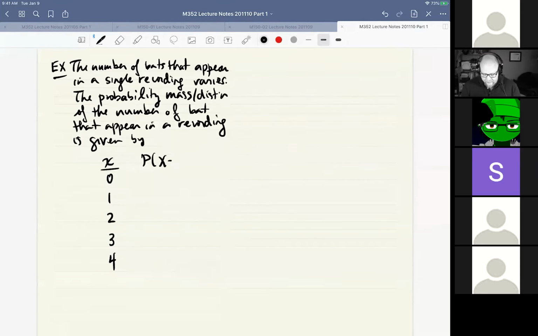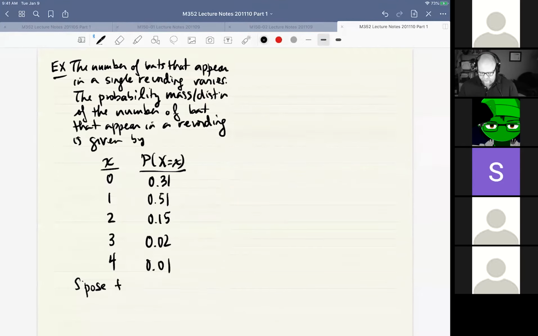The probabilities that X bats appear in the recording are 31% for no bats, 51% for 1 bat, 15% for 2 bats, 2% for 3 bats, and 1% for 4 bats. So suppose I wake up in the morning and there are 31 recordings waiting for me.